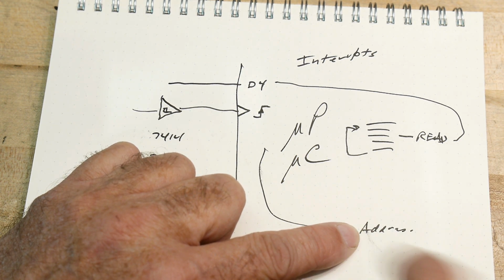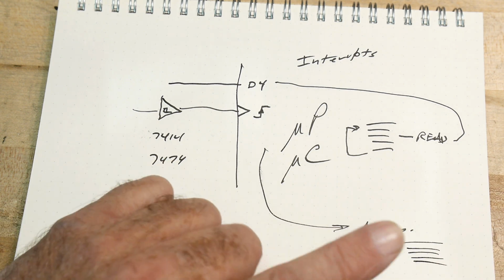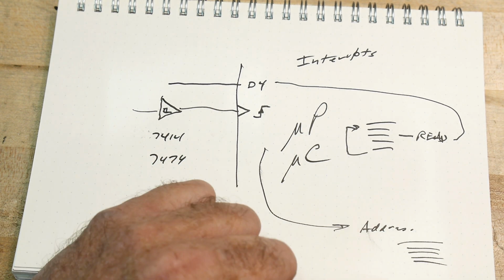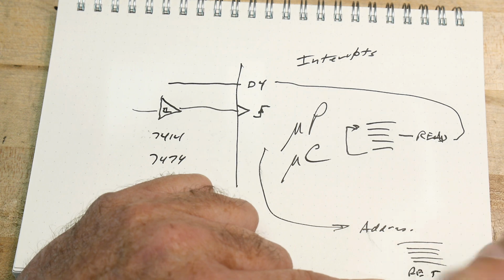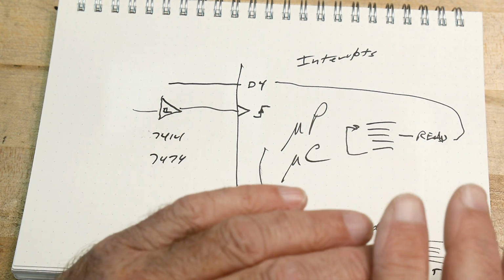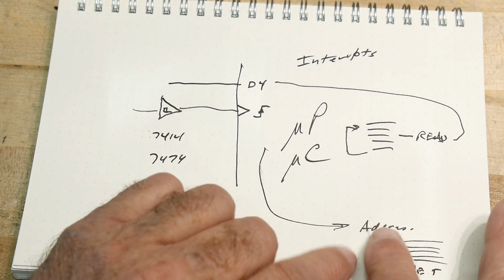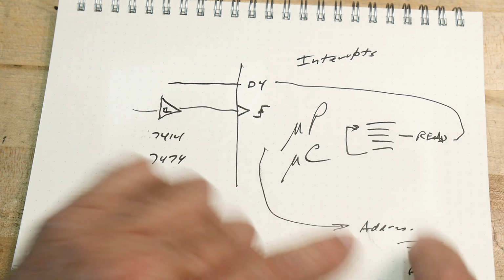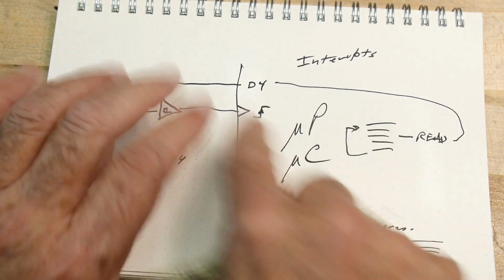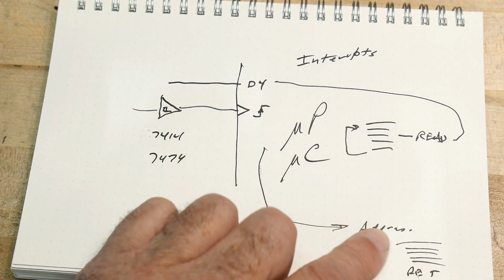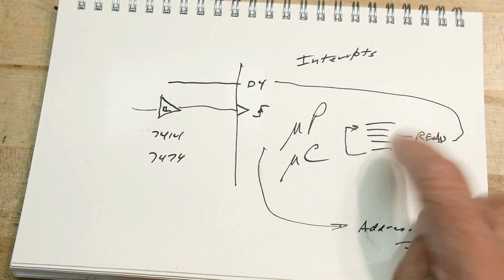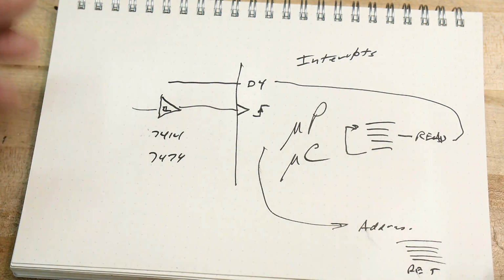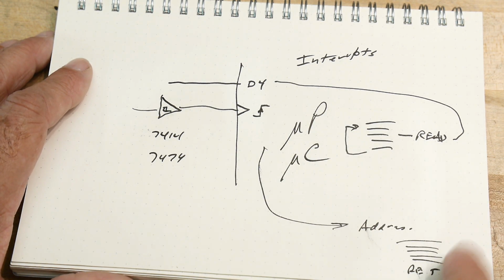It will execute some code, and when you're ready to be done, you can do a return or some other command that turns off the interrupt, saying I'm done and I can go back to what I was doing. So you might be doing this, suddenly get an interrupt, go do this, and when you come back, you take off where you left off. There are stack pointers and other things, but that's what that does.